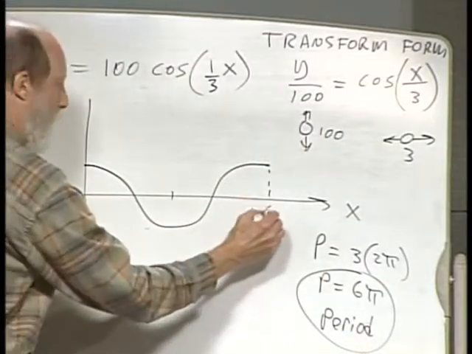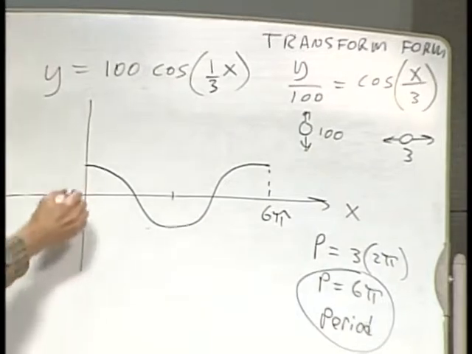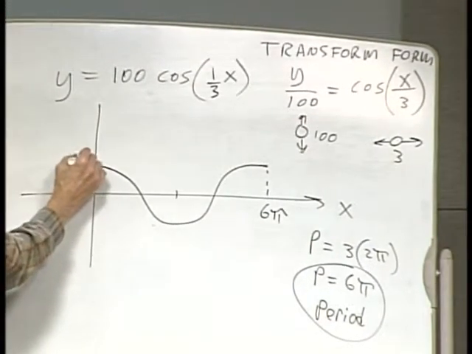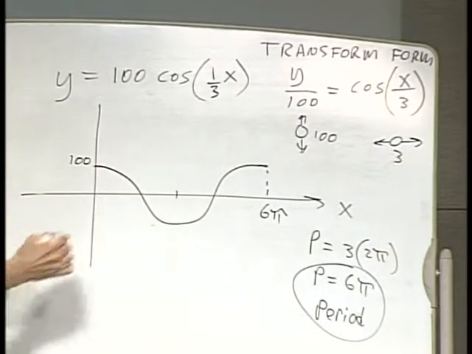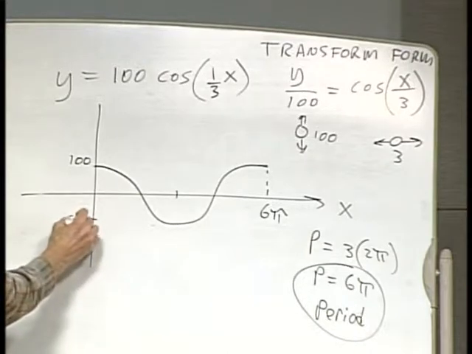So you'd label this as 6 pi. You'd label your crest at 100 instead of at 1, and your trough down at -100.